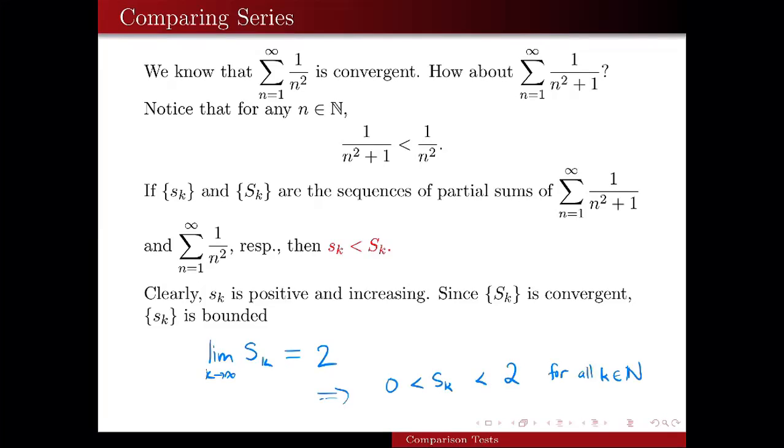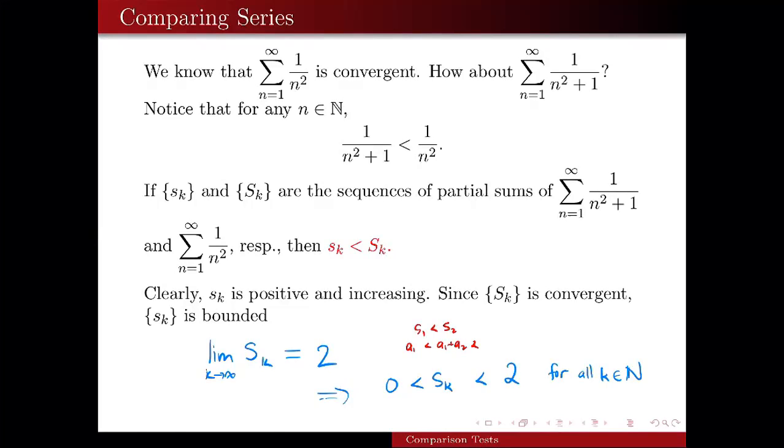And furthermore, each term is positive. Therefore, your S sub 1 will be less than S sub 2. A sub 1 is less than A sub 1 plus A sub 2. So S sub 1 is less than S sub 2 because A sub 1 is less than A sub 1 plus A sub 2.